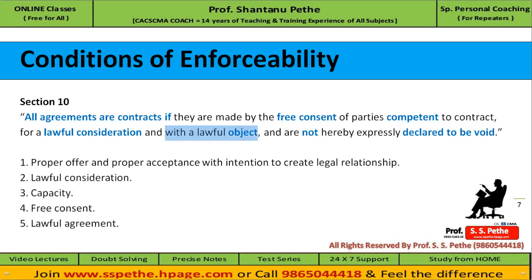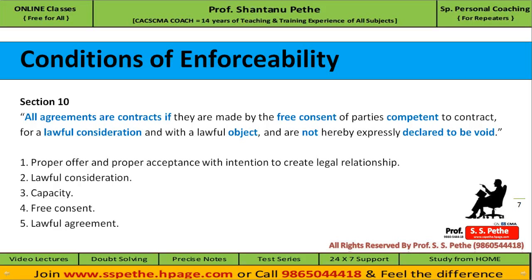And with a lawful object, the object of the contract should be legal, and the agreement is not hereby expressly declared to be void. The agreement should not be such that it is declared to be void by any law. So we will see all these items in detail after a couple of minutes.